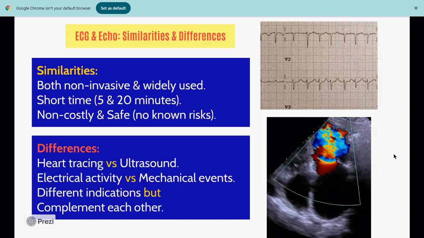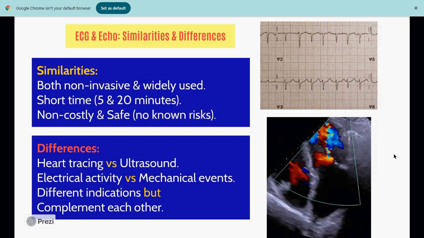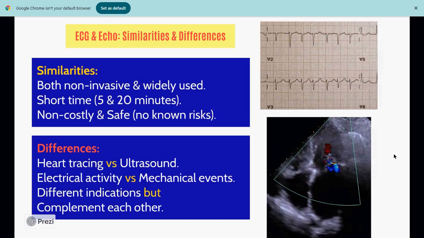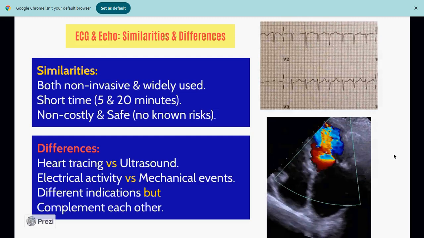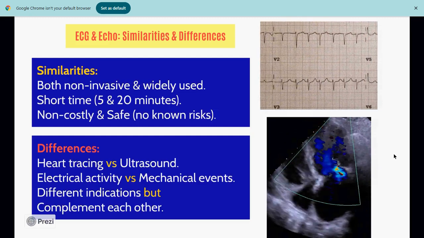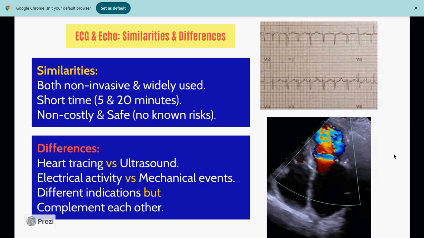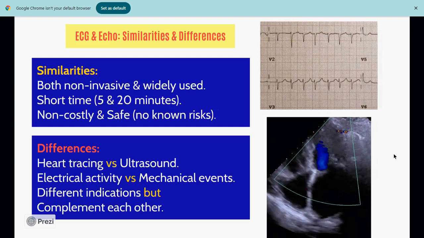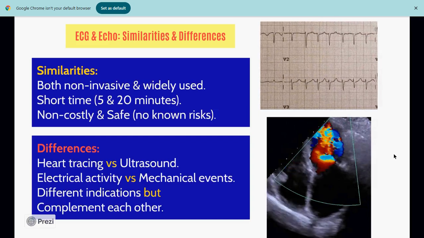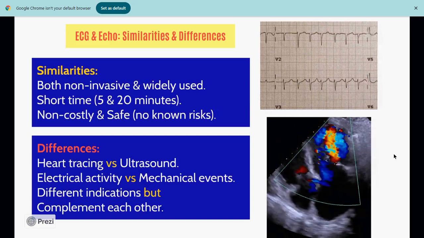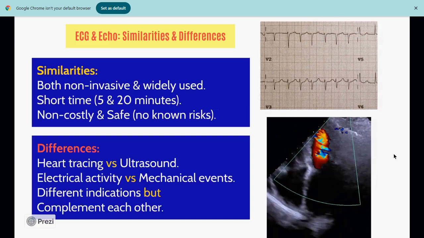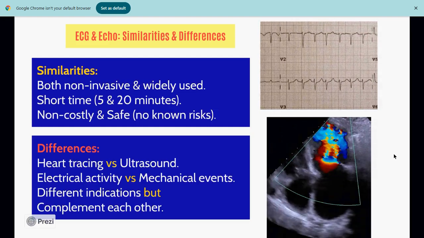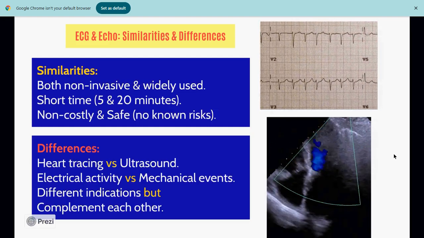They are non-invasive tests and they take a very short time to do, 5 minutes for ECG and 20 minutes for echocardiogram on average, and they are non-costly, therefore they are very widely used. The other similarity is that there are no known risks for both of them, so there is no side effect of doing an ECG or echocardiogram to any patient.